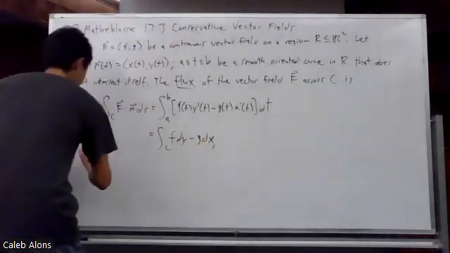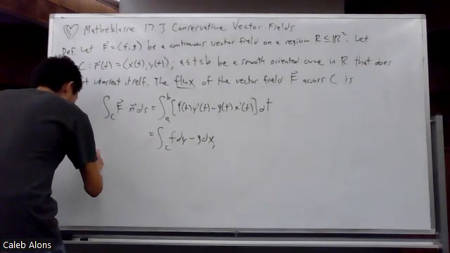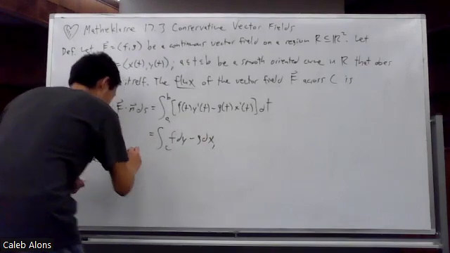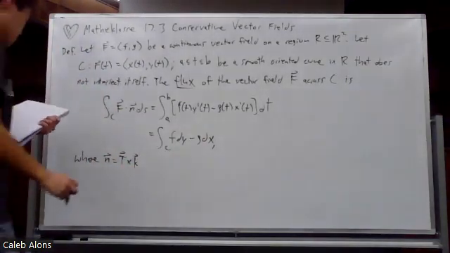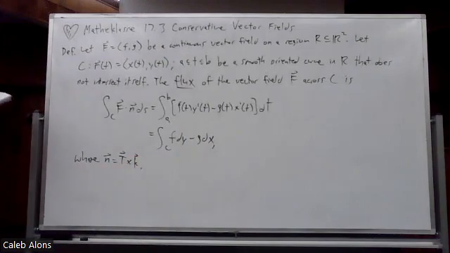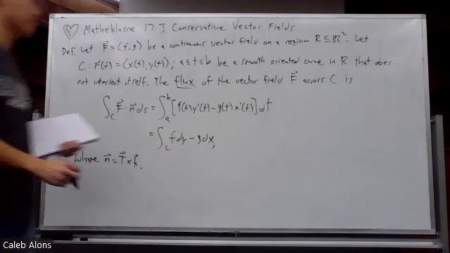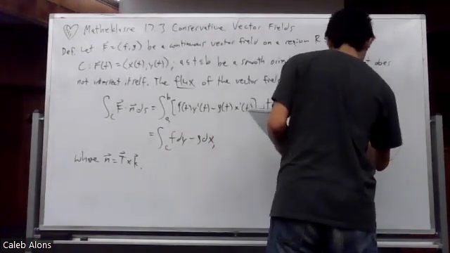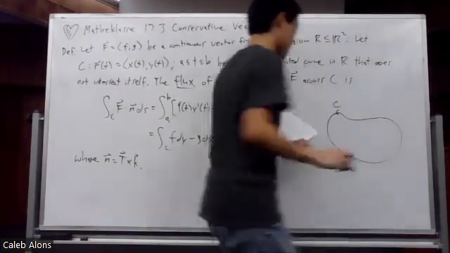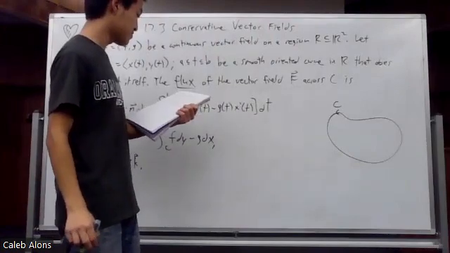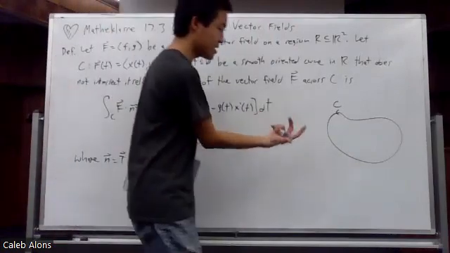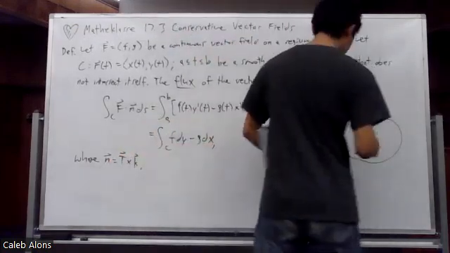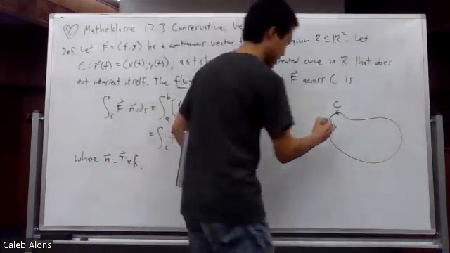Where n is equal to T cross k. And then if C goes counterclockwise, so if I have some sort of a curve, this is my C and it's oriented counterclockwise, then the way that we designed that cross product with n being T cross k is going to mean the normal is going to be outside.